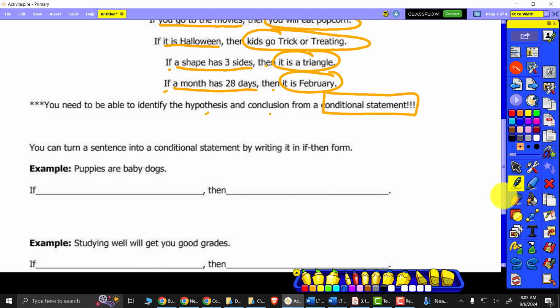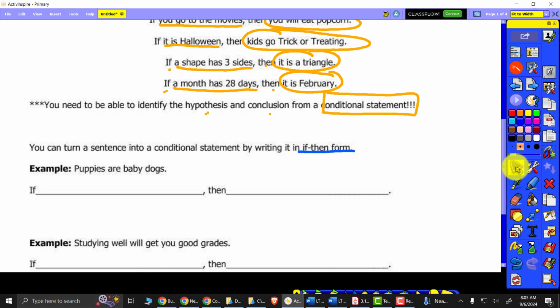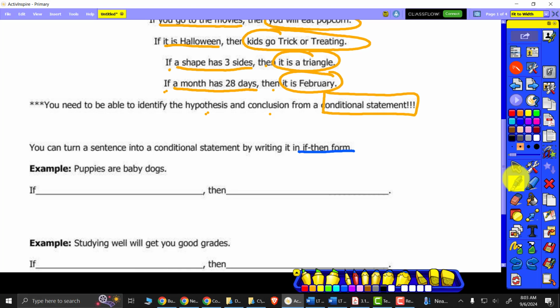All right, next, we should be able to turn a sentence into a conditional statement by writing it in if-then form. So here's an example. Puppies are baby dogs. So how are we going to write this using the if-then form?